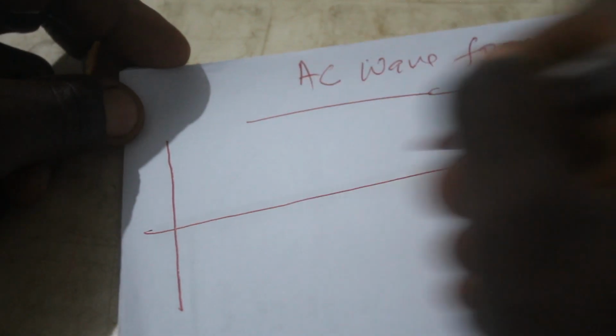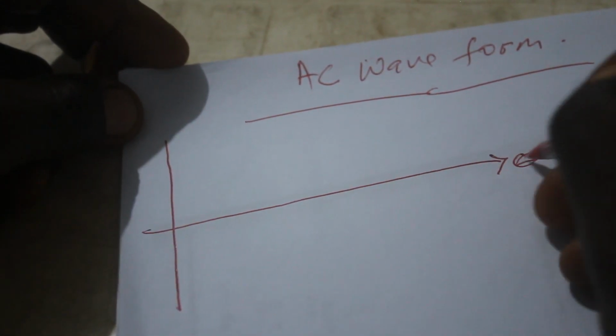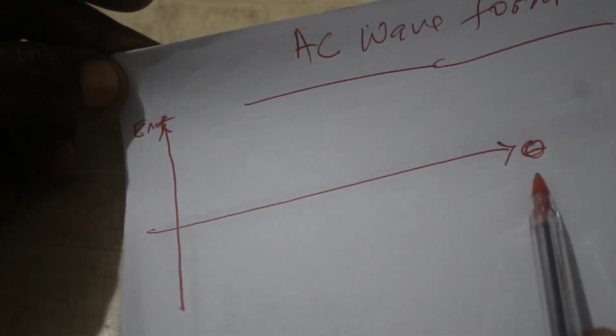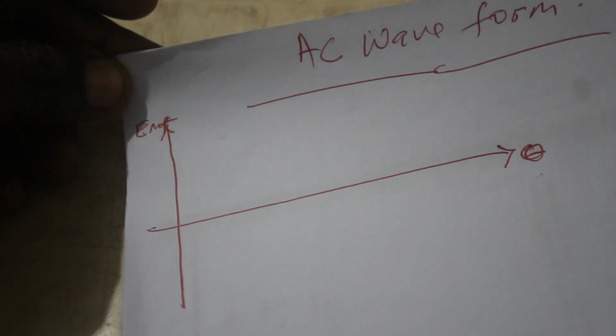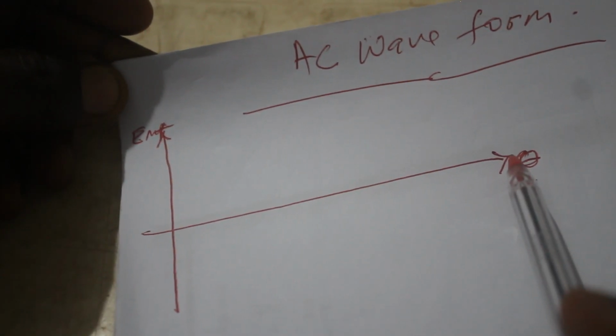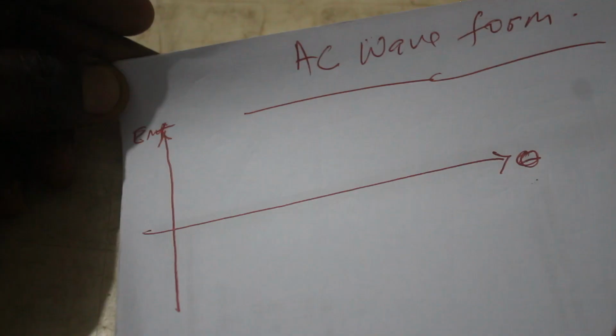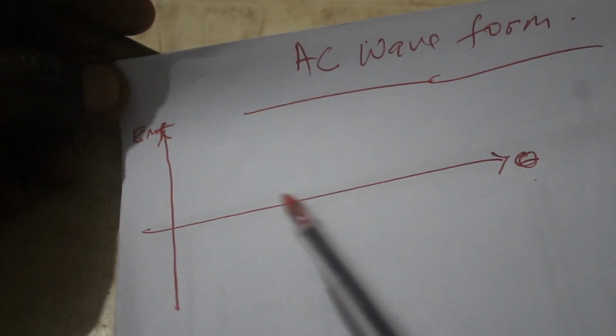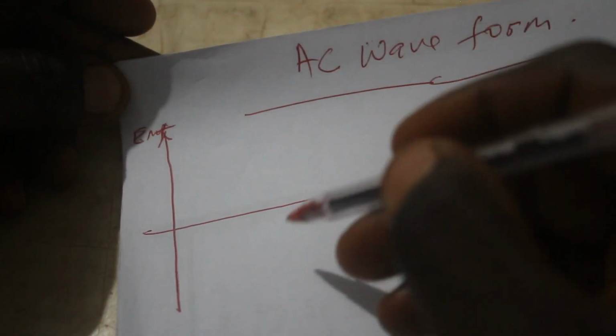So if we plot the graph of the induced EMF on the vertical axis against the phase angle on the horizontal axis, by the time we find the induced EMF for every degree of phase angle turned, we're going to get something like this.